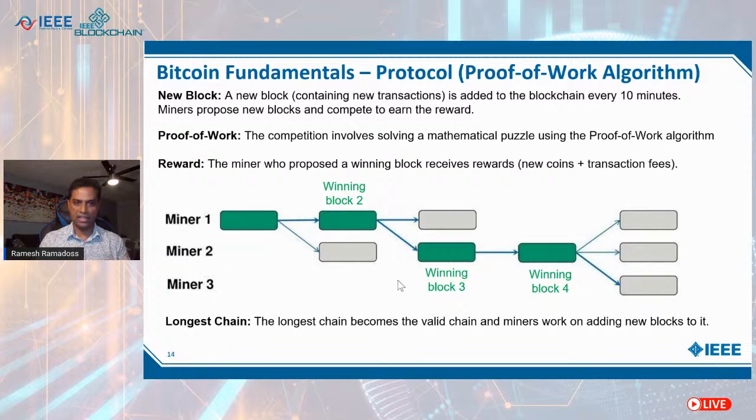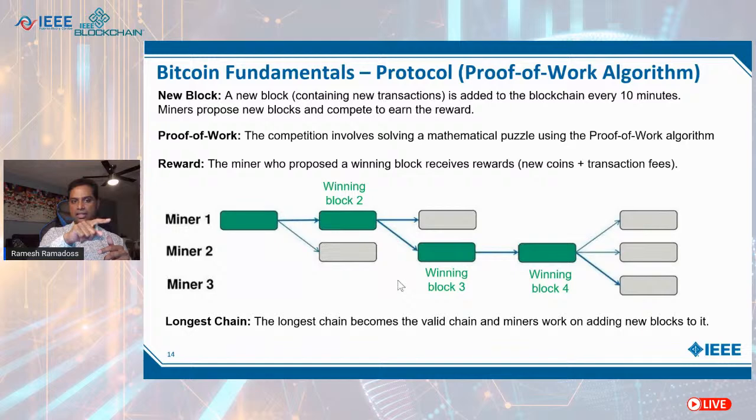They're all trying to add the winning block. Miner one adds the winning block two, and then miner two was the first one to solve this mathematical puzzle in this scenario, and their winning block three gets added, and then miner three adds the winning block three.